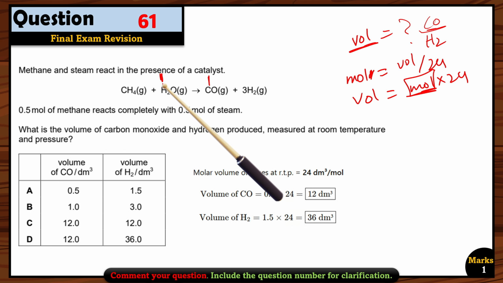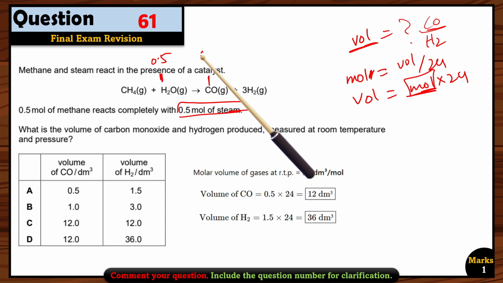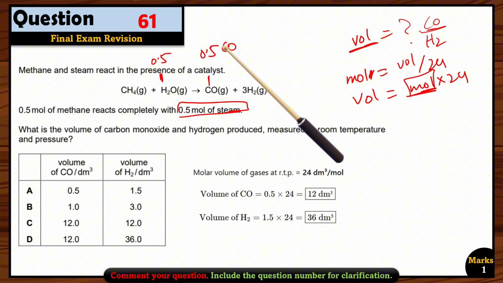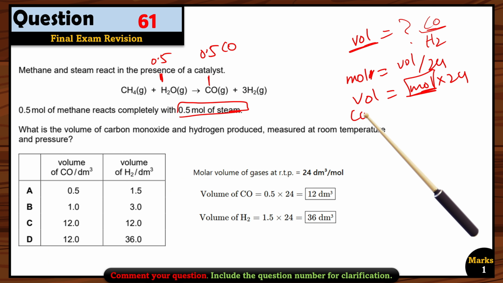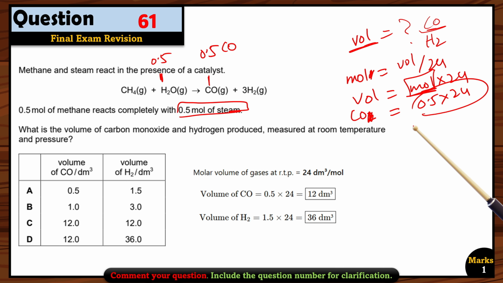So if you have 0.5 of the steam, then it means you have 0.5 mole of the carbon monoxide. Just multiply with 24 and you will get your answer. So for carbon monoxide, that is 12 dm cube. Where can you find 12 dm cube? It's C and D. So option C or D can be right.